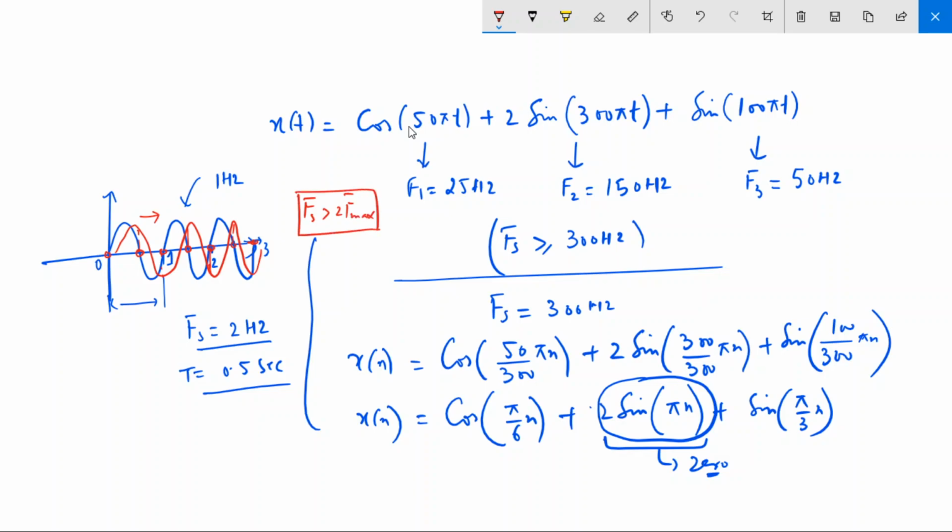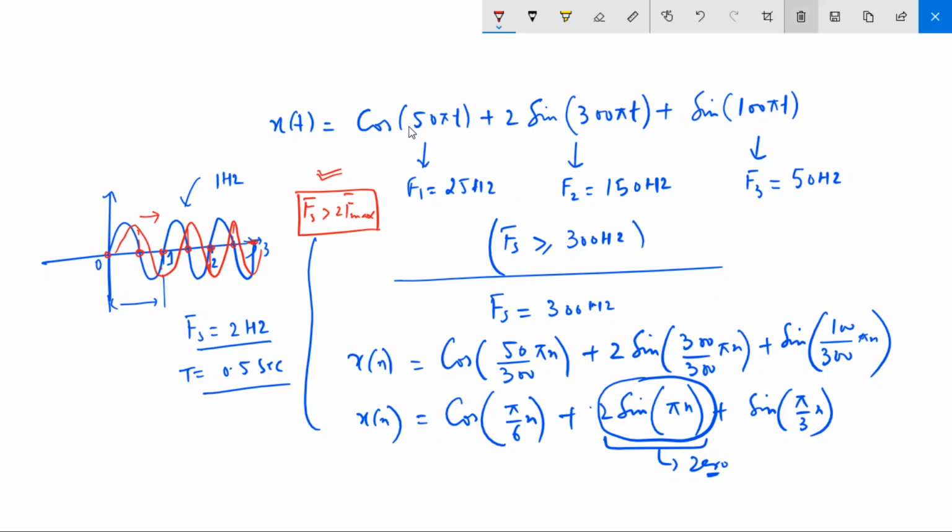It is generally not advisable to sample the signal at the Nyquist rate, because there may be situations where you get the samples exactly at the zero crossing points and totally lose the signal information. So in order to avoid this, we generally choose a sampling rate greater than twice the maximum frequency in the signal.